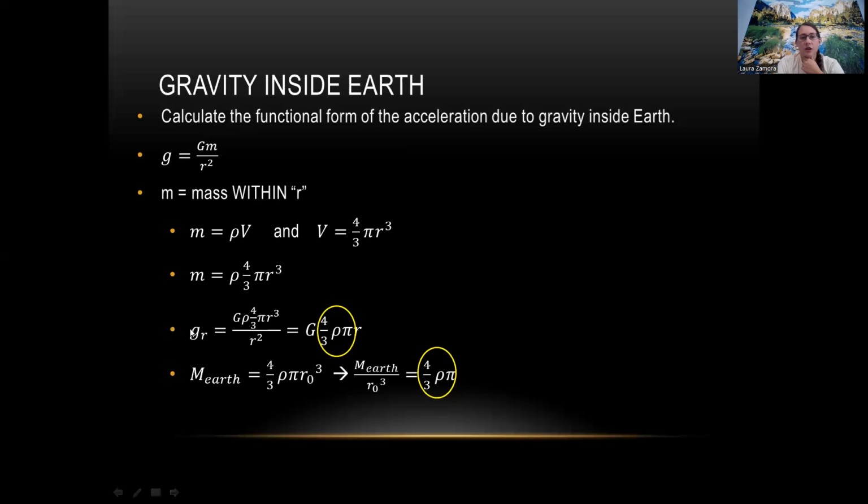This equation, g_r, remember, was the acceleration due to gravity at whatever location the ball is at. And here we're talking about the entire Earth, but in either case, we have 4/3 times the density times pi. Those are all constants, the same constants in either case.